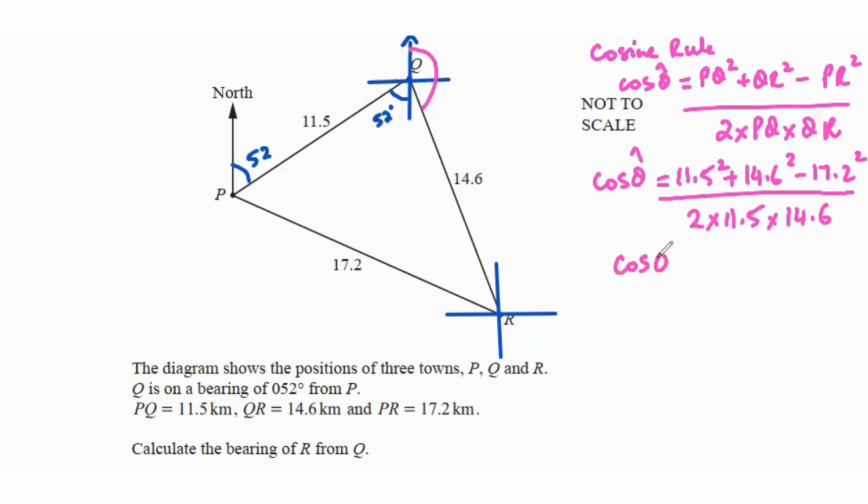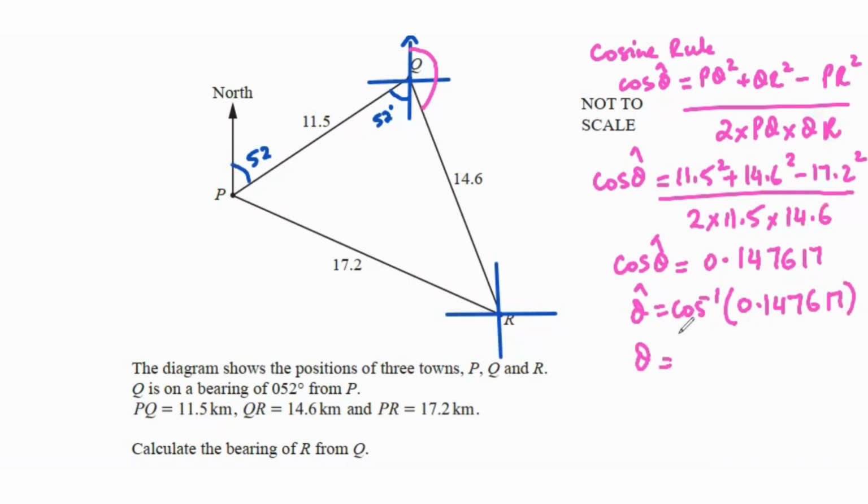This entire fraction will equal 0.147617. Then we take cos inverse of this, and that is going to give us 81.5 as the angle PQR.